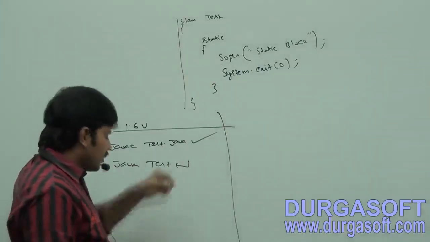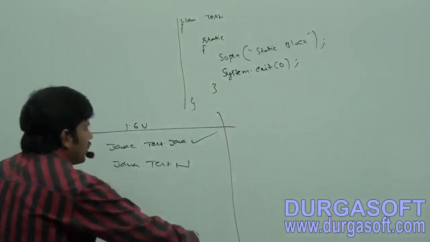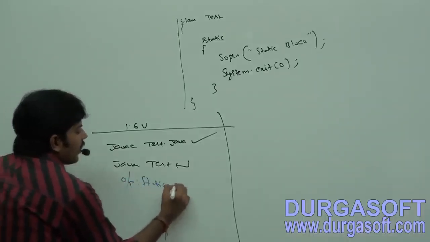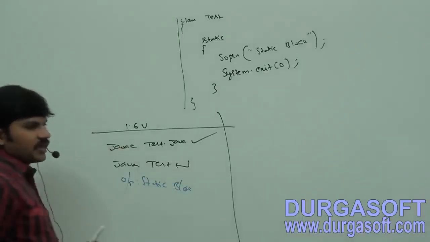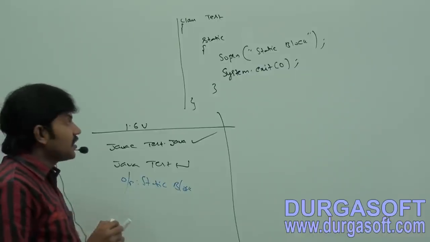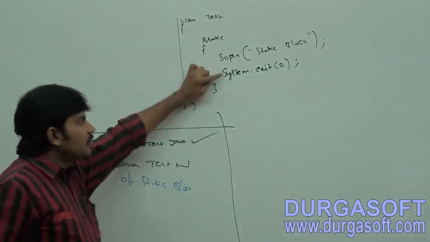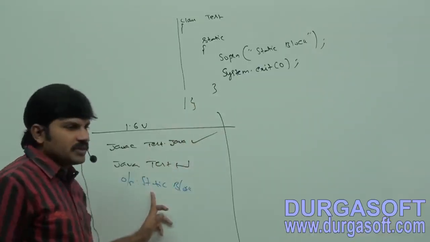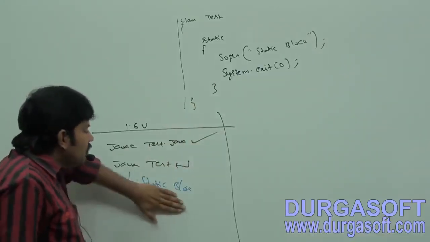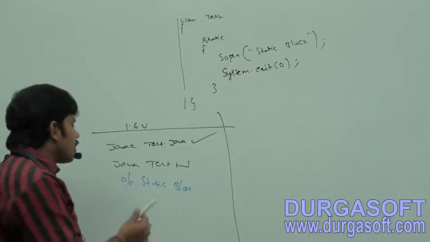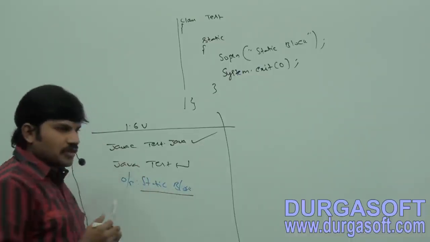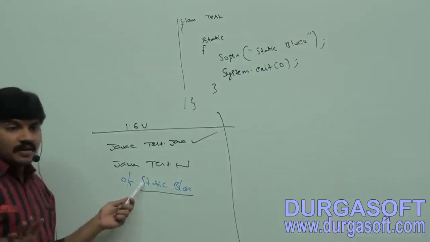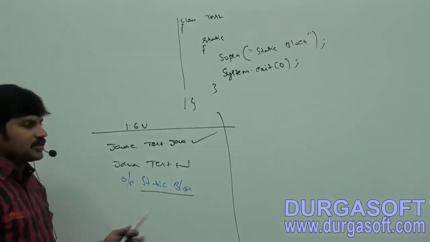But here the output is static block, and the JVM is shut down. If the JVM is shut down, it won't search for the main method. The program will be stopped with this only. Is it normal termination or abnormal termination? Normal termination, because there is no exception.